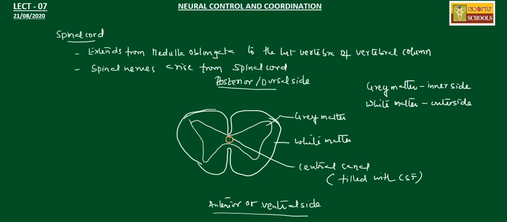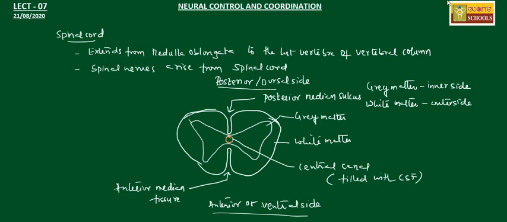This small groove is called the posterior median sulcus, and opposite to that we have another groove, called the anterior median fissure.